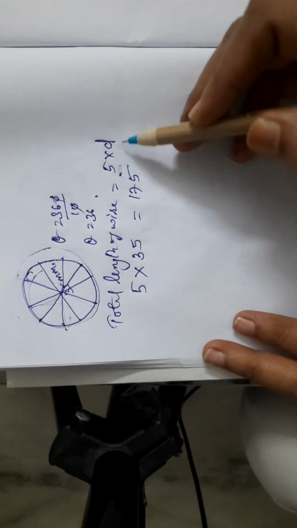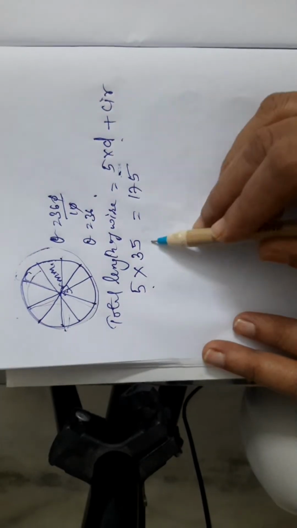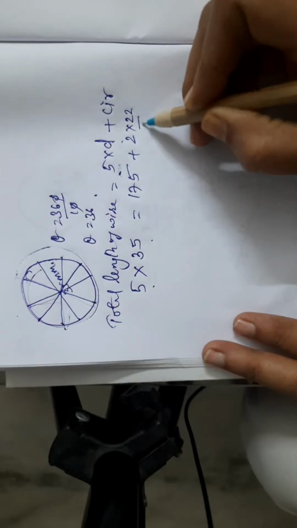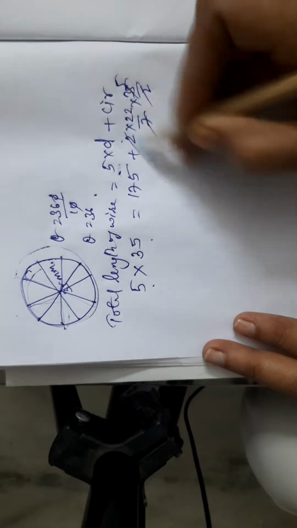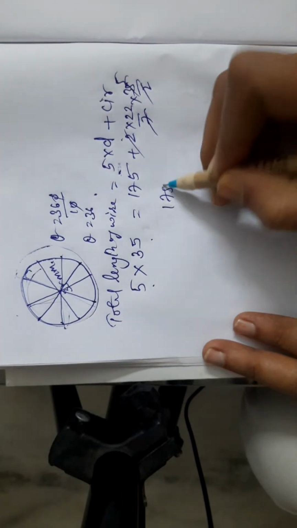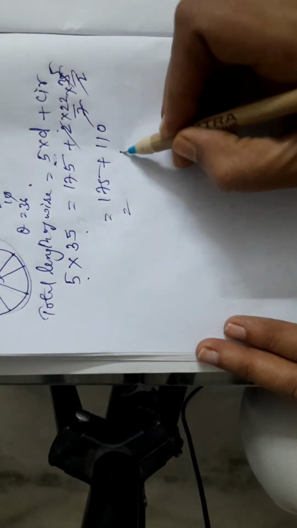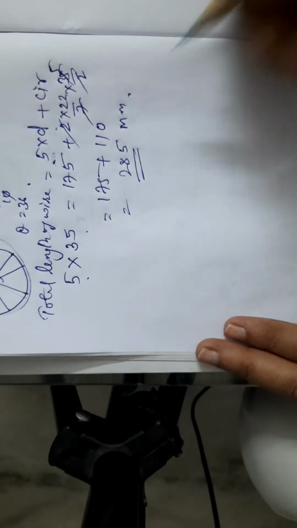So 5 multiplied by diameter plus circumference of the circle. 5 multiplied by 35 is 175, plus circumference 2 pi r, with r as 35 by 2. So the final answer is 285 millimeter. Is it clear?